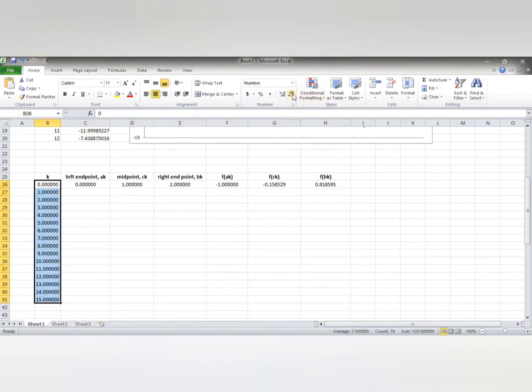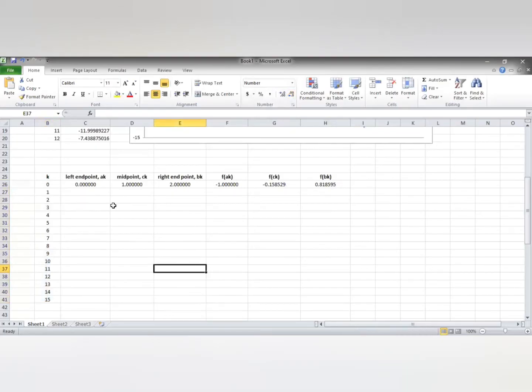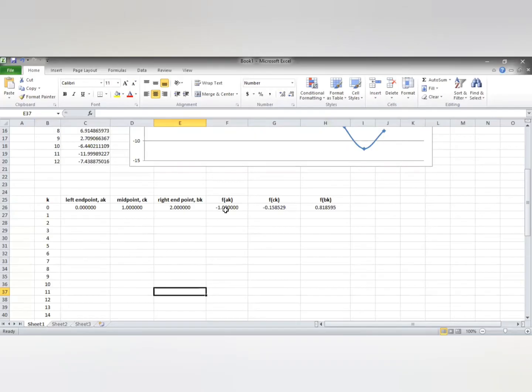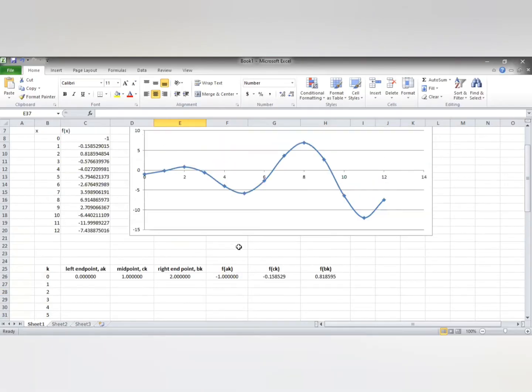Here is the number of iteration. Next we need to evaluate the location of the root of our function, so we need to evaluate the sign of the functions f(ak), f(ck), and f(bk). Since f(ak) and f(ck) have the same sign, the root does not lie between a and c.